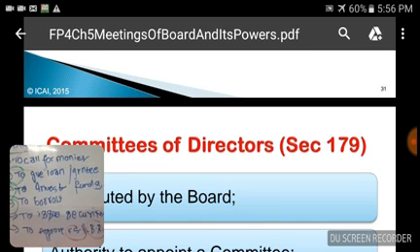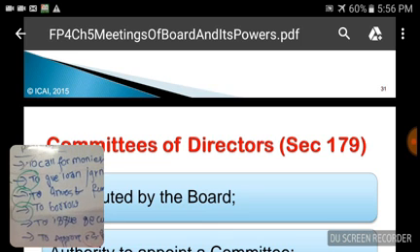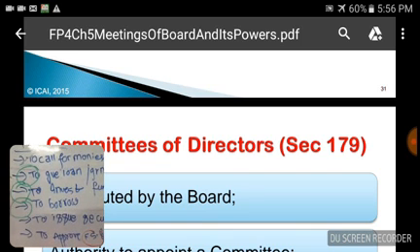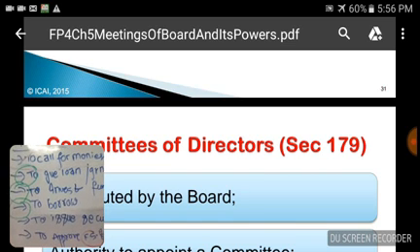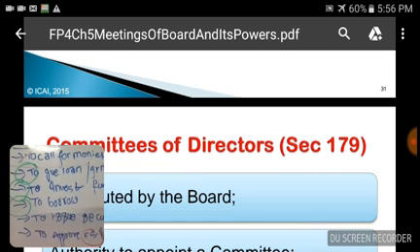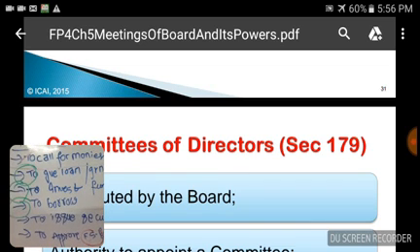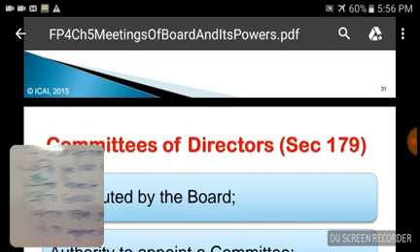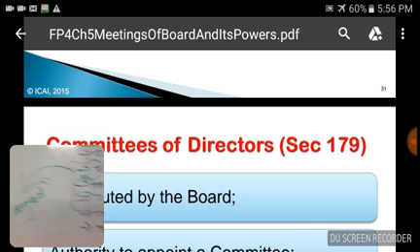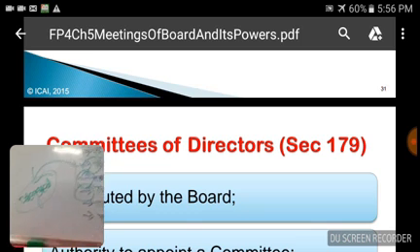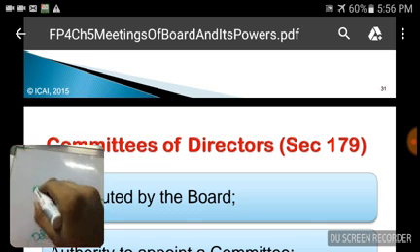Hence this exception was made. Okay, these powers of the directors were already discussed, that these are the powers that can be exercised collectively by the board. One person doesn't have superiority over the powers of the board unless those are delegated.